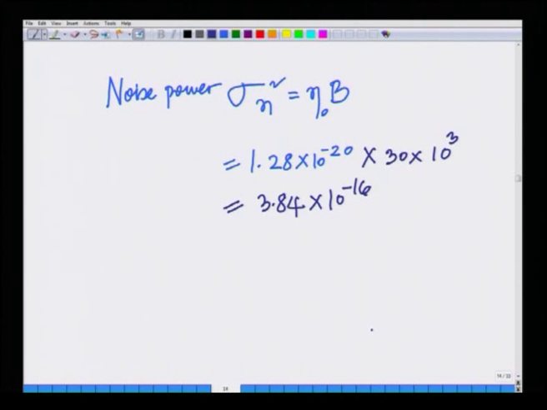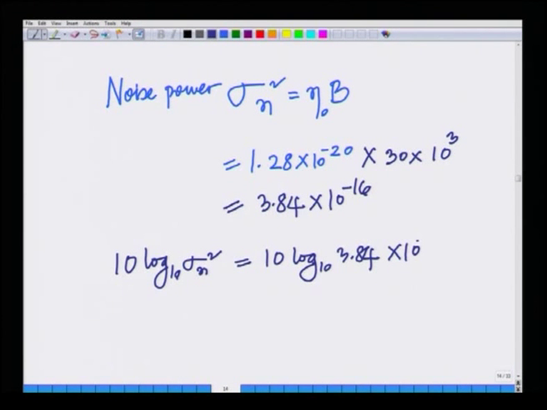Hence, 10 log 10 sigma n square equals 10 log 10 of 3.84 into 10 power minus 16, approximately equal to minus 154 dB.